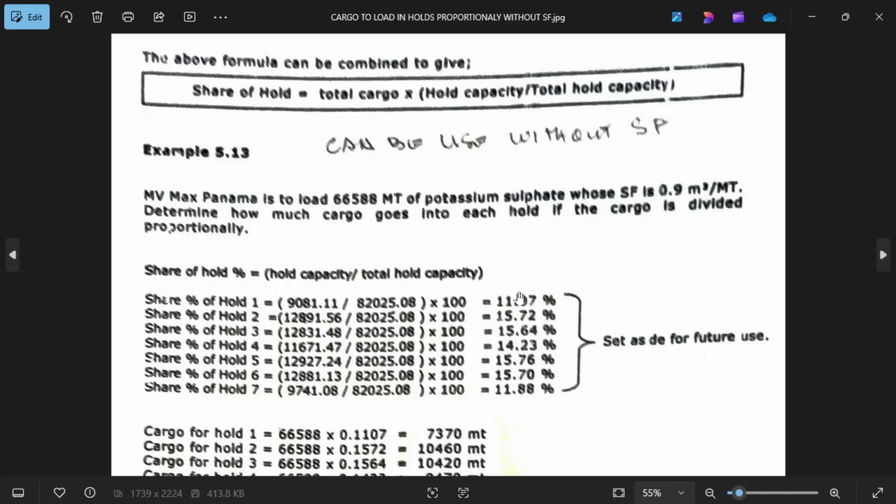Just take note of this percentage for each hold.